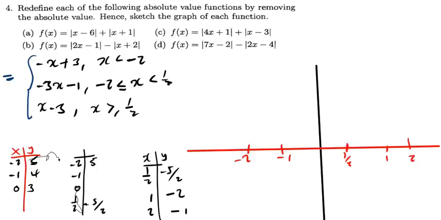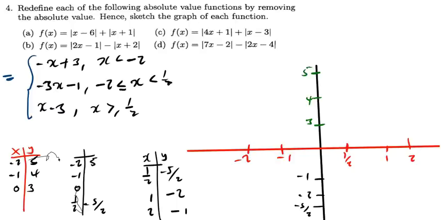Then the negative side, we have only negative 5 over 2, and let's not forget negative 1, negative 2, and negative 5 over 2. Then the positive part, we have 3, 4, 5.